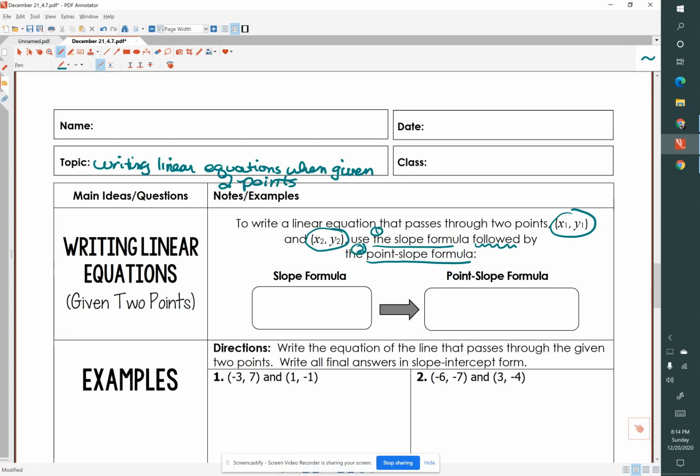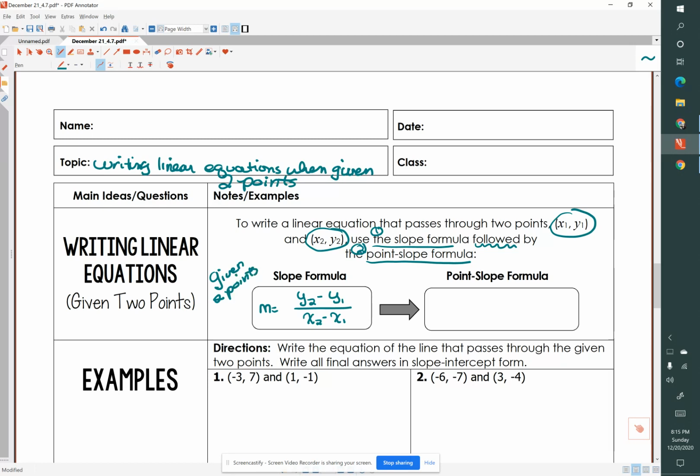So the slope formula, let's review. Slope is represented by m. M equals y sub 2 minus y sub 1, all of that divided by x sub 2 minus x sub 1. So at this point, you are given 2 points.